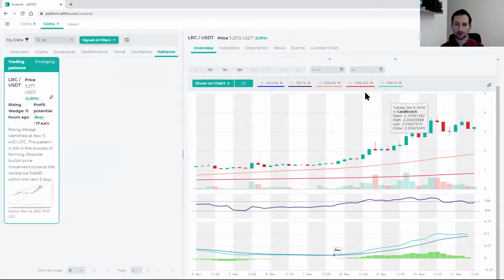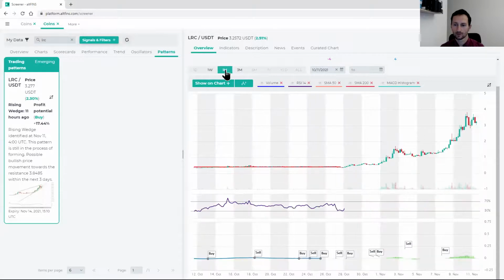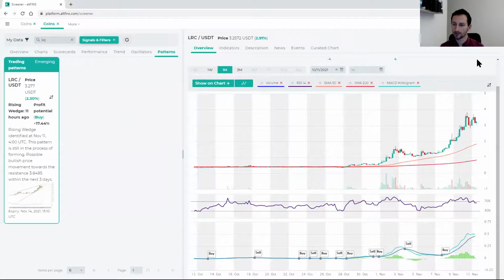So the divergence, let's take a little less data here. Let's see. The divergence in this case would be if the price was declining and the RSI was increasing, but RSI is declining.